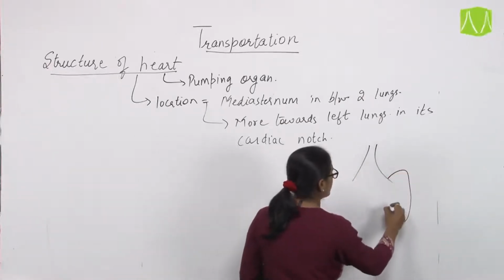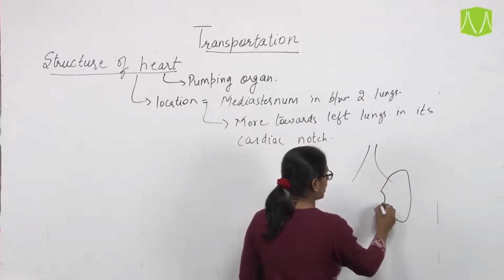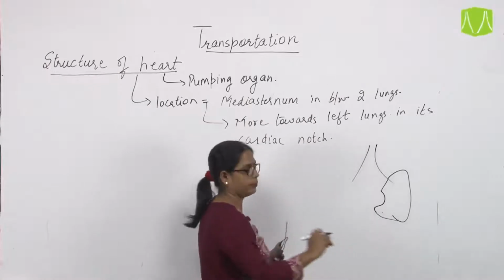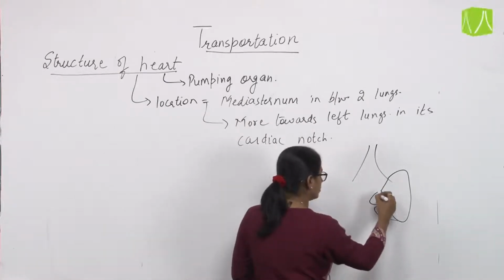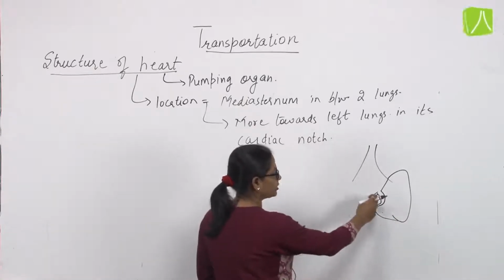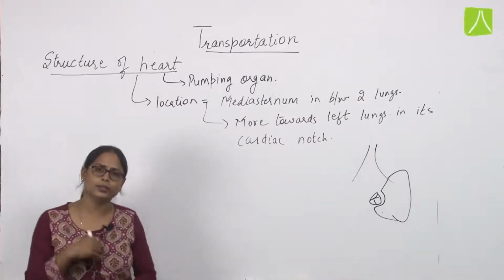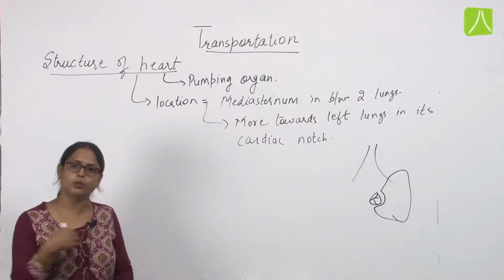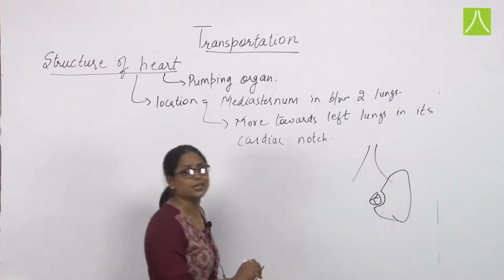If this is our left lung, it has a depression, meaning an invaginated form, and here our heart is located. This is the cardiac notch. It is more towards the left lung, but not exactly on the left side. It is located in the mediastinum, in between the two lungs and in the cardiac notch of the left lung.